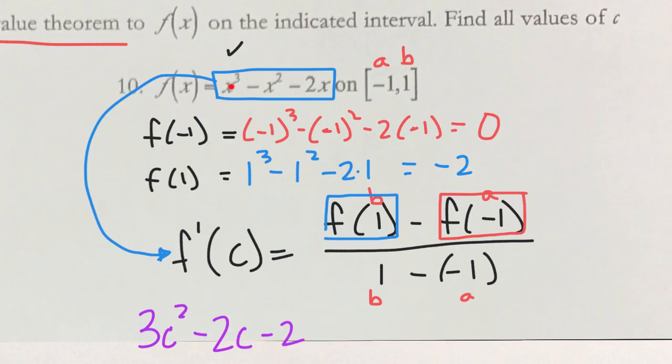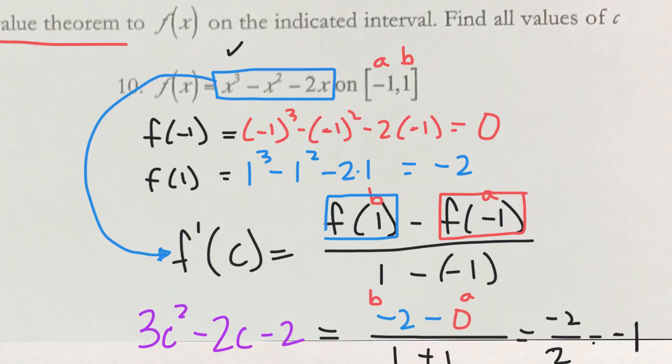So that's the derivative of x cubed minus x squared minus 2x, where I'm replacing x with c. Okay, and that equals f of b, which was -2, minus f of a, which is 0, over 1 minus -1, which is 1 plus 1. Okay, so in my numerator, I have -2. In my denominator, I have +2, so I have a slope of -1.